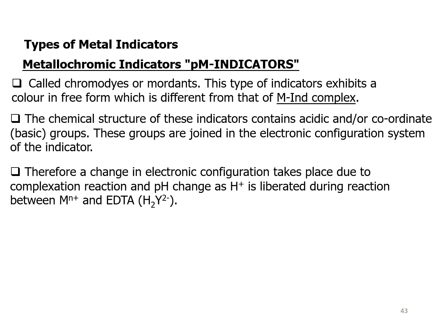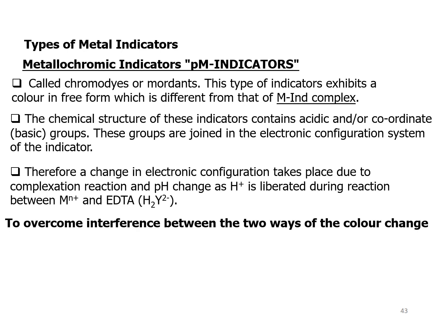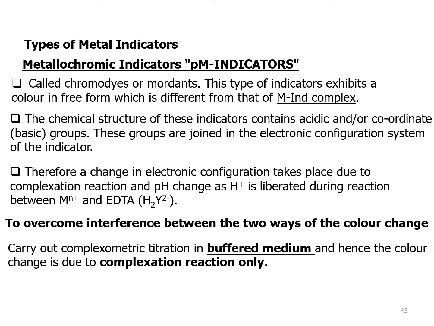within the pH change. Well, if you can remember, the reaction between the central metal ion and the EDTA releases hydrogen, and hydrogen could change the pH of the medium. Therefore, it is very important to use a buffer or alkali in the complexometric titration.